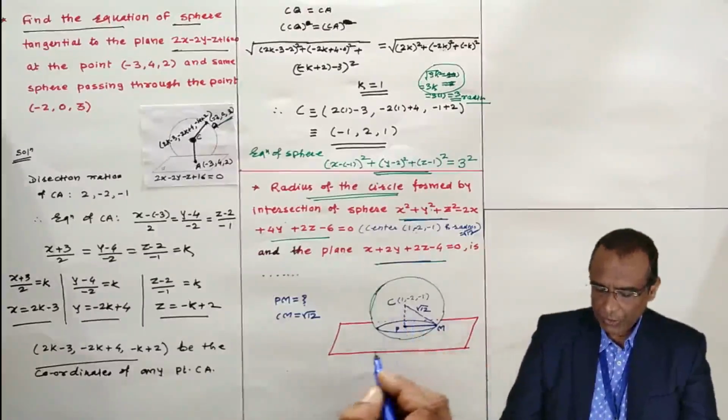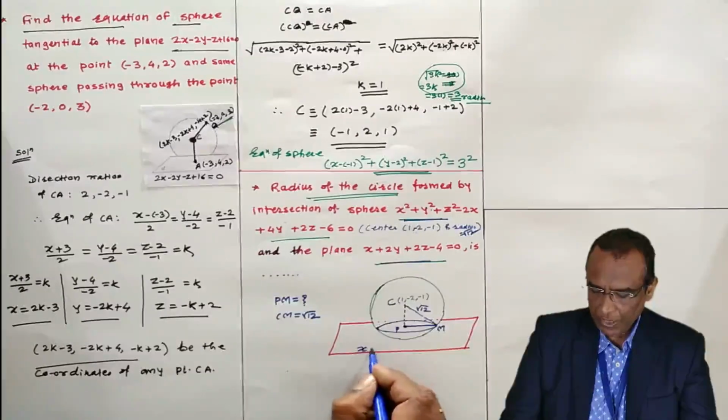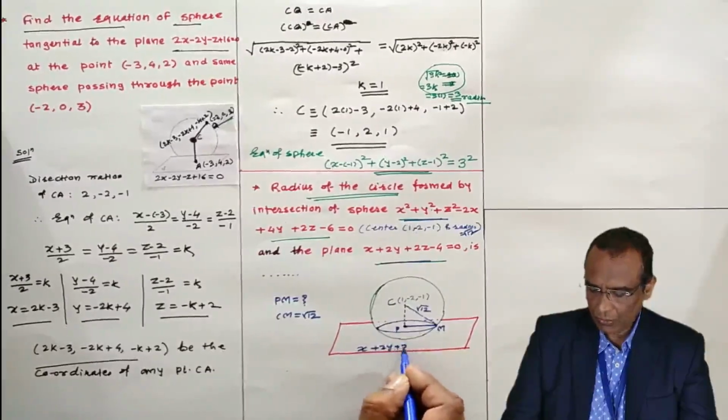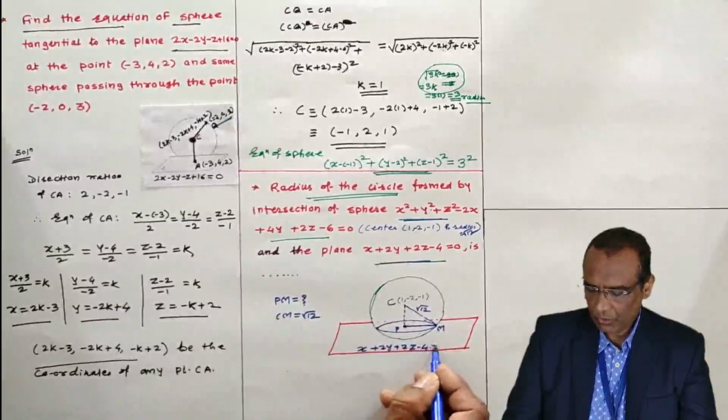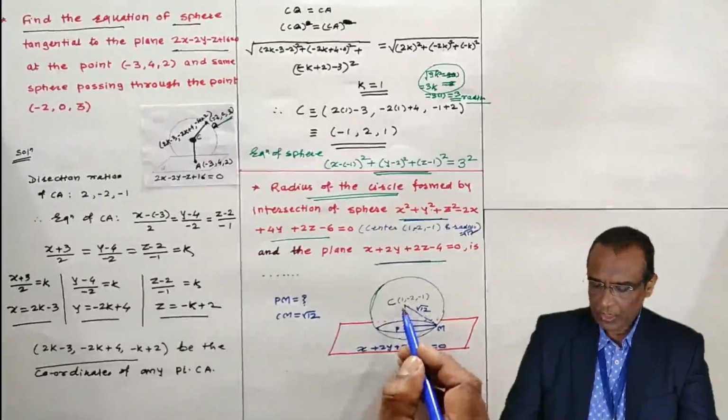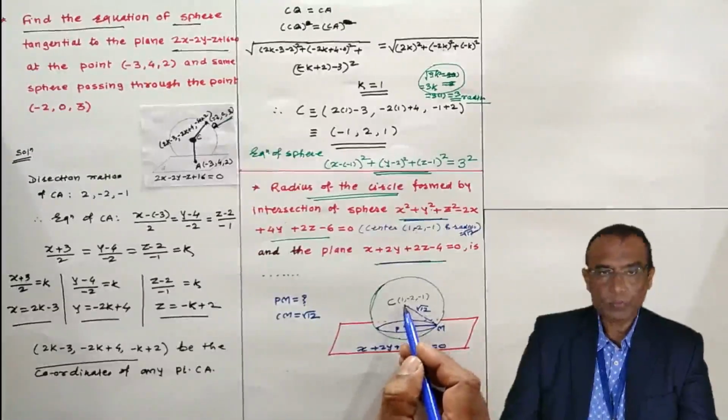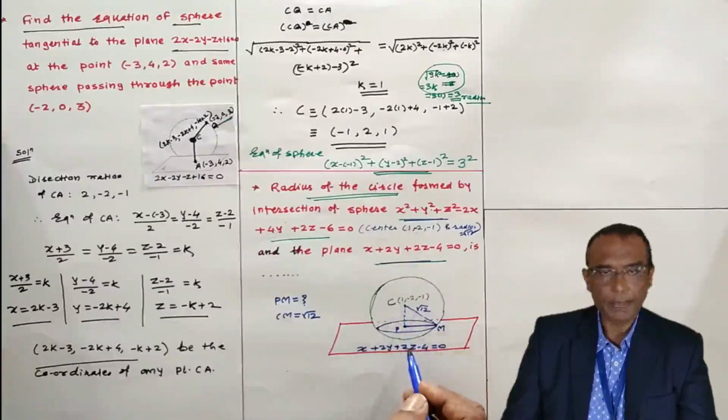The equation of the plane is given. What is the equation of the plane? x plus 2y plus 2z minus 4 equals 0. And CP is the perpendicular from the center of the sphere C to the plane.